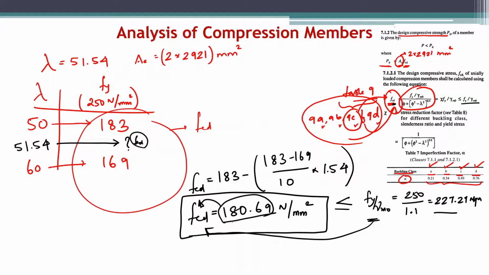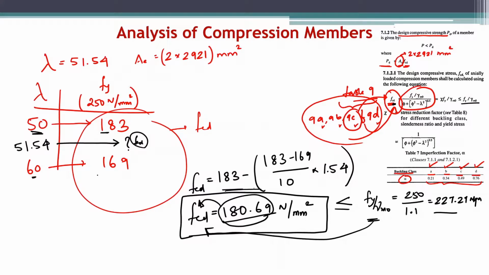But one thing you need to remember is whenever you calculate FCD by linear interpolation, you have to always check whether the value that we have calculated is right or wrong. How to check? Let's go back to this table. For 50, the value of FCD is 183.